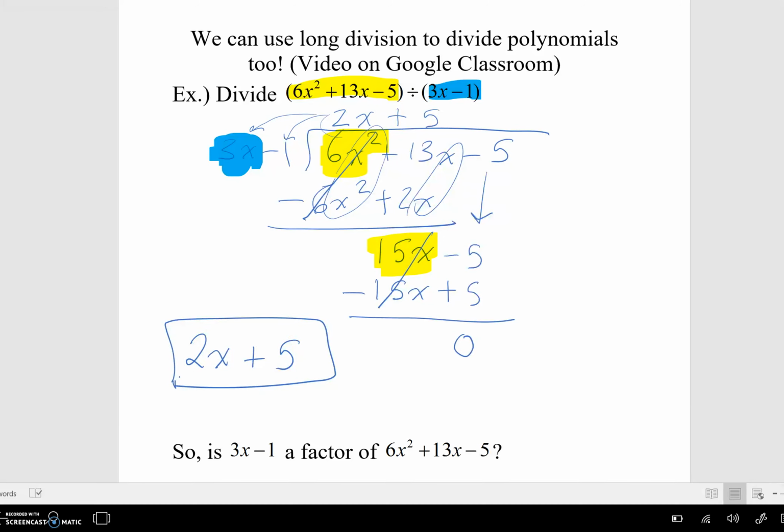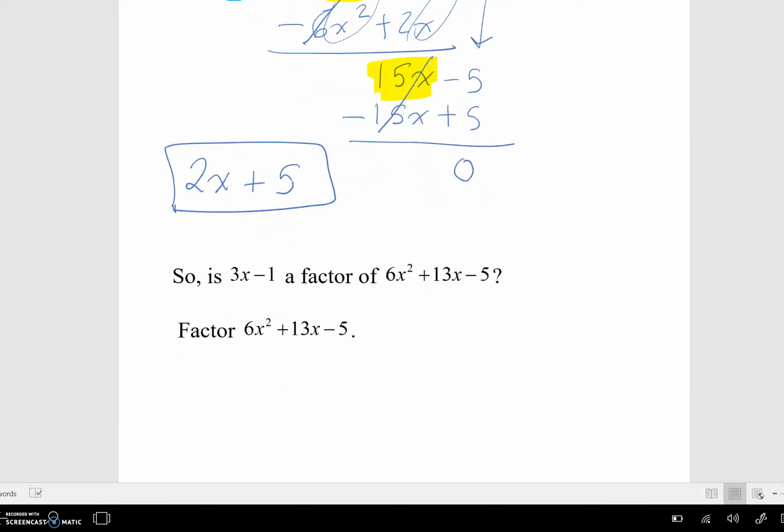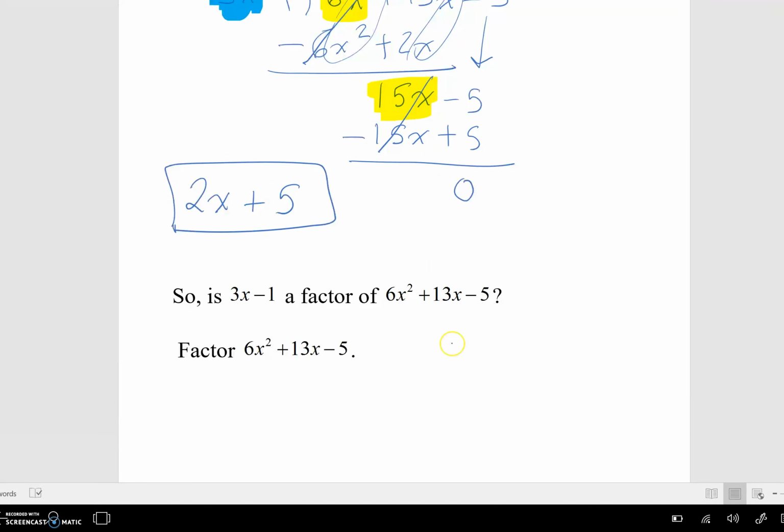So since our remainder was 0, is 3x minus 1 a factor of our dividend? And the answer is yes, it is.